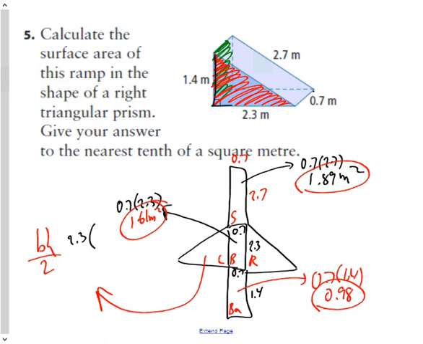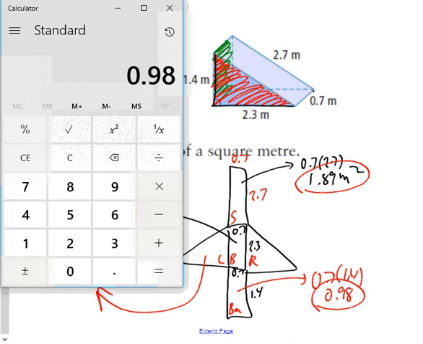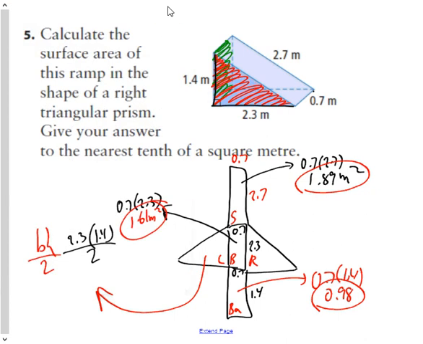The height is the perpendicular distance from the base to the apex, which is 1.4, divided by 2. So if we simplify that, 2.3 times 1.4, divided by 2, each triangle has an area of 1.61, and there's times 2 because there's 2 of those triangles.